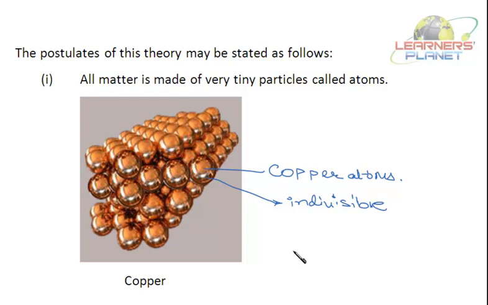And secondly, what was the law of conservation of mass? That mass is conserved, or matter can neither be created nor destroyed. So here he suggested that an atom can neither be created nor destroyed in a chemical reaction.